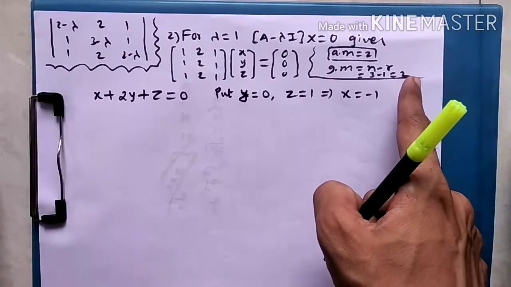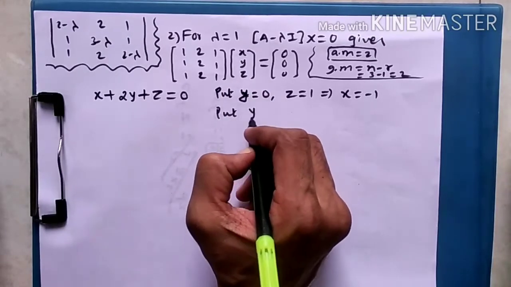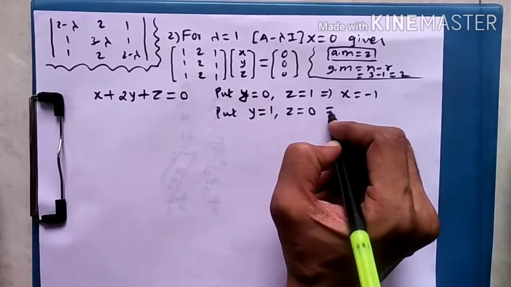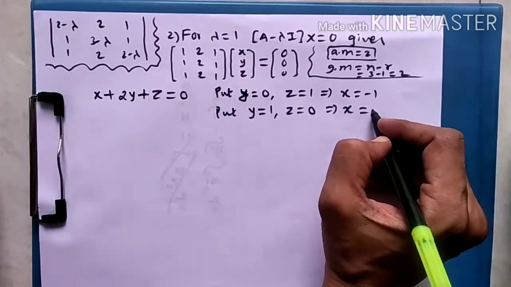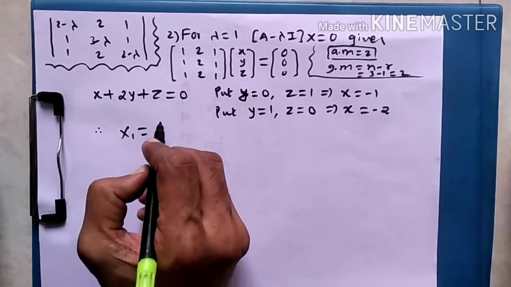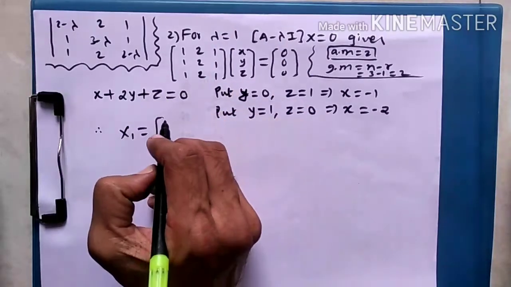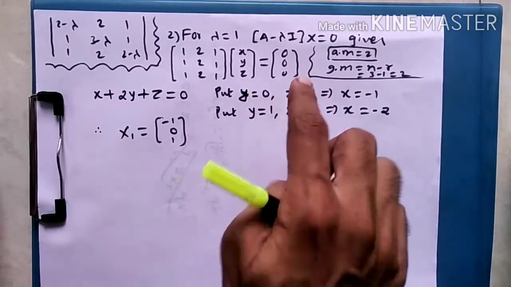And as we are getting 2 linearly independent solutions, we substitute one more time, again with any random values. So now y is equal to 1, z is 0, so x will be minus 2. Therefore, the required eigenvectors corresponding to eigenvalue lambda equal to 1 are: x, y and z equal to minus 1, 0 and 1.